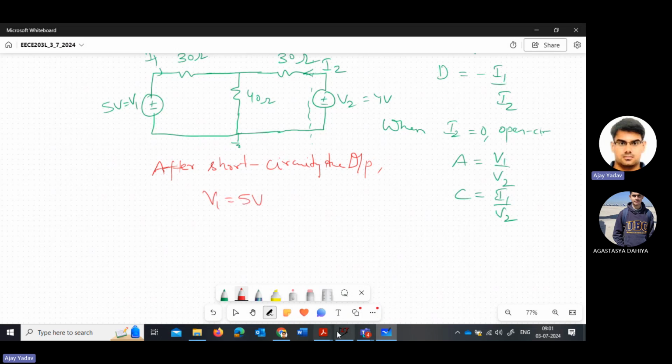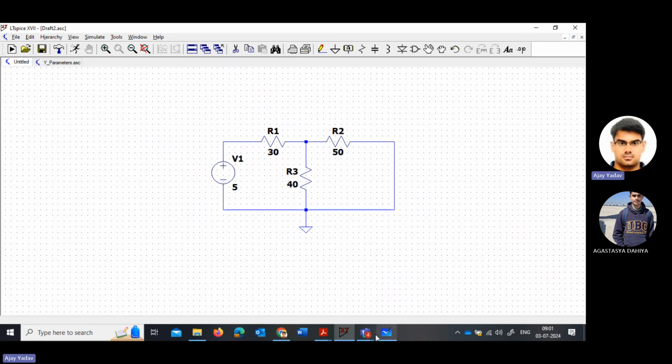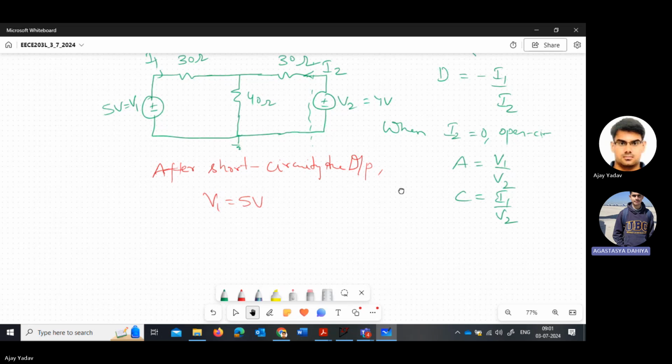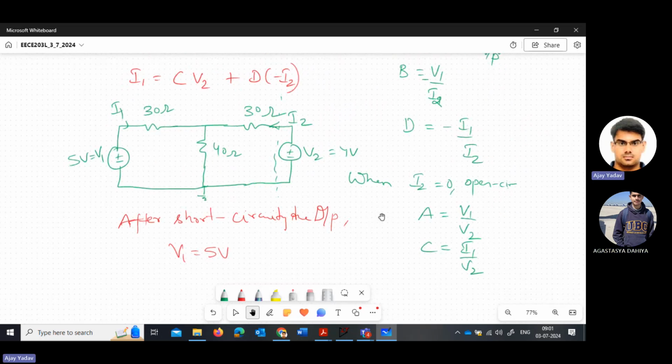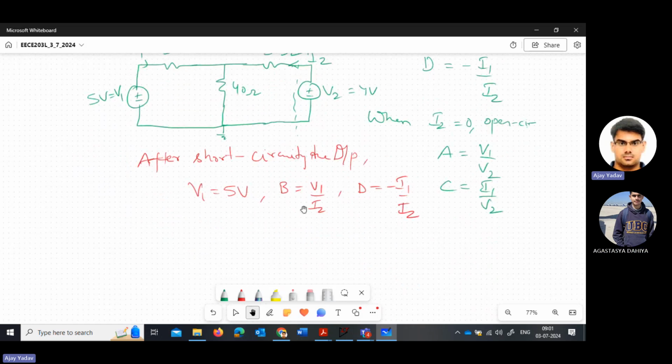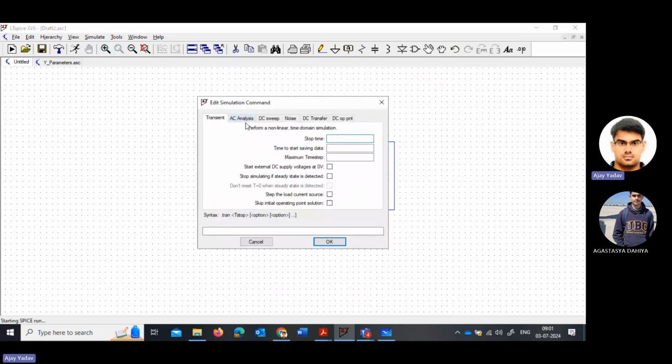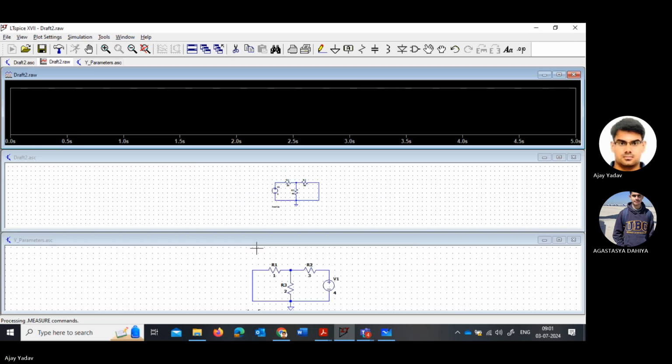And what other parameter do you need? We want to calculate B and D. B is V1 by I2. D is minus of I1 by I2. Right? V1 we know, we need to calculate the value of I1 and I2. I1 also we can calculate here. When we go in the simulation mode, directly I am writing 5 seconds.